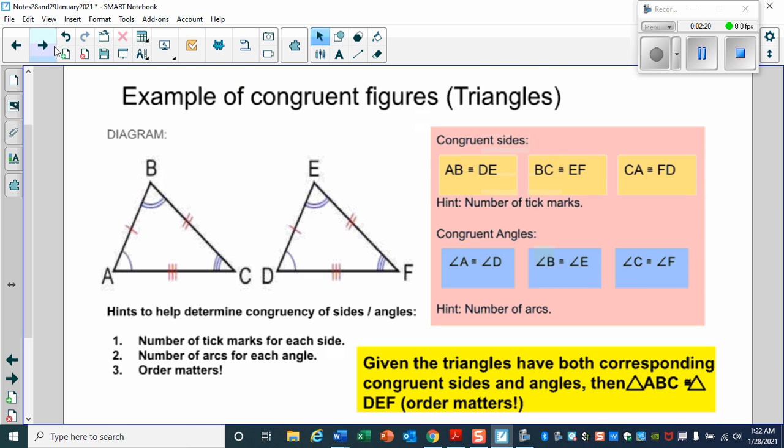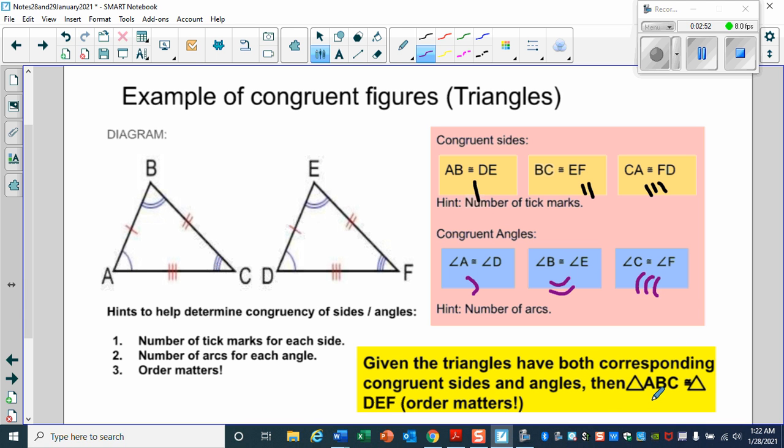Again, one more time, here's our triangle. AB, DE, one; BC, EF, two; and CA, FD, one, two, three. And then regarding the arcs, angle A, single arc; B and E, double arc; F and C, or C and F, triple arc.